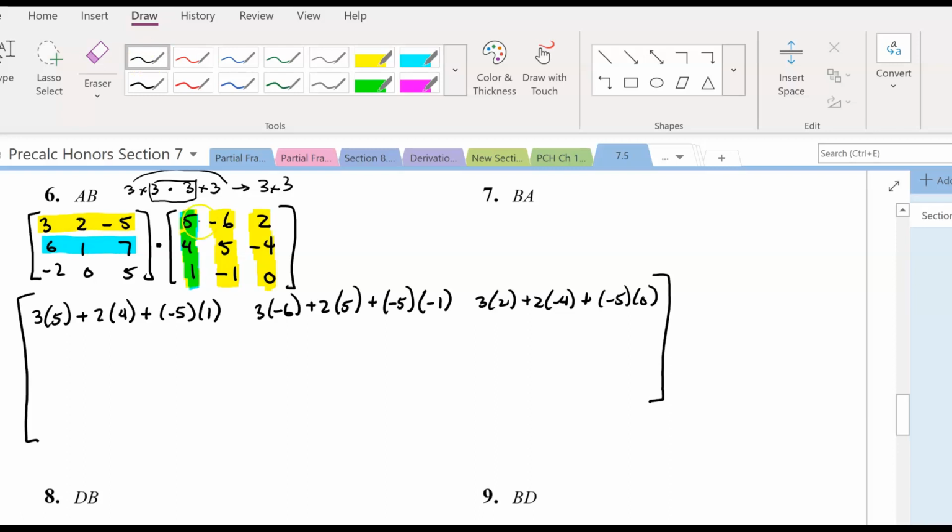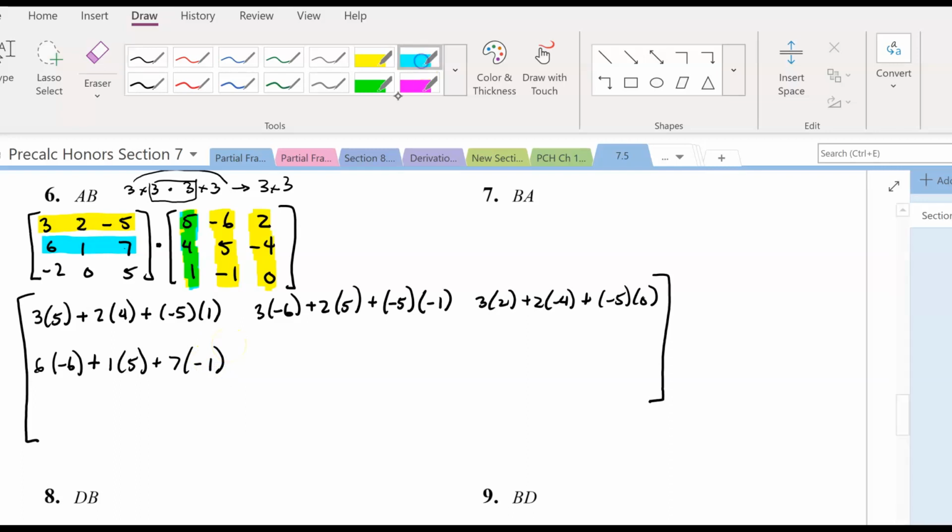So I'm going to do 6 times 5, 1 times 5. Oops, sorry, that should be 6 times negative 6. 6 times negative 6 plus 1 times 5 plus 7 times negative 1.